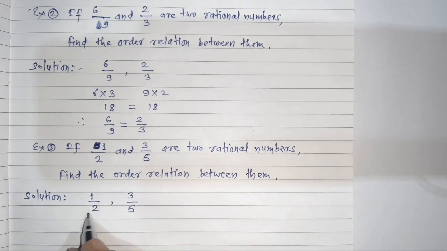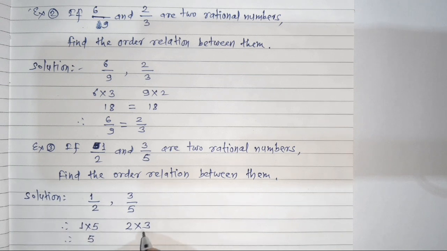Now we take the product of 1 and 5, and the product of 2 and 3. 1 multiplied by 5 is 5, 2 multiplied by 3 is 6. Here 5 is less than 6, therefore 1 upon 2 is less than 3 upon 5.